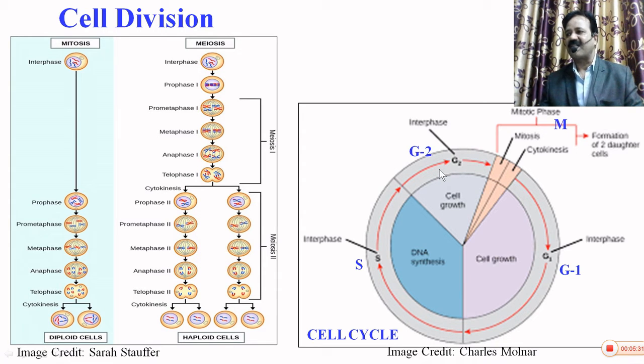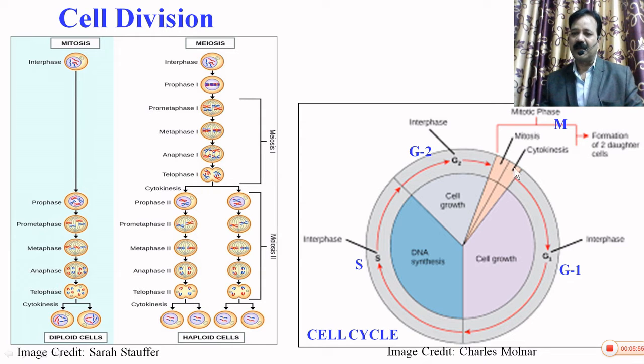G2 is a second gap phase in which the cell grows more and prepares proteins and cell organelles. The cell begins to reorganize its content in preparation for mitosis. Then after the G2 phase, the actual M phase takes place.